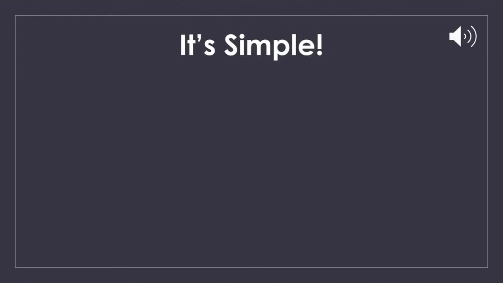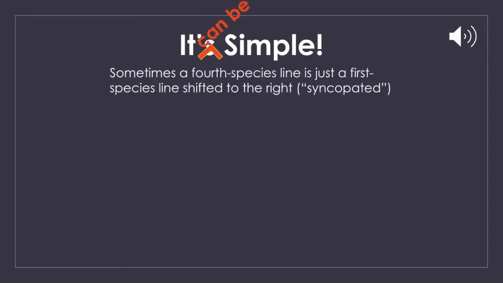So, in some sense, this can be quite simple. Sometimes a fourth species line is really just a first species line shifted to the right, i.e. syncopated. So let's see an example.